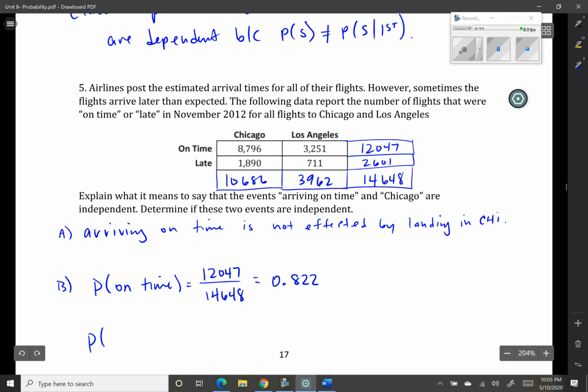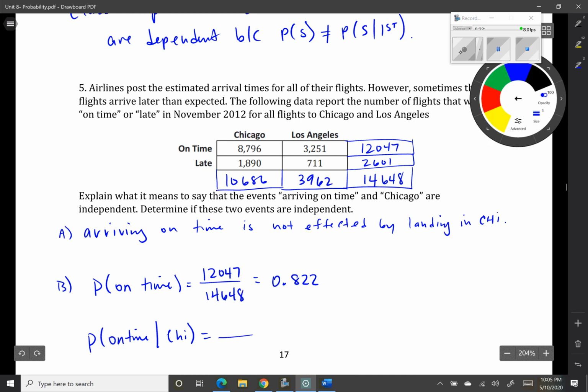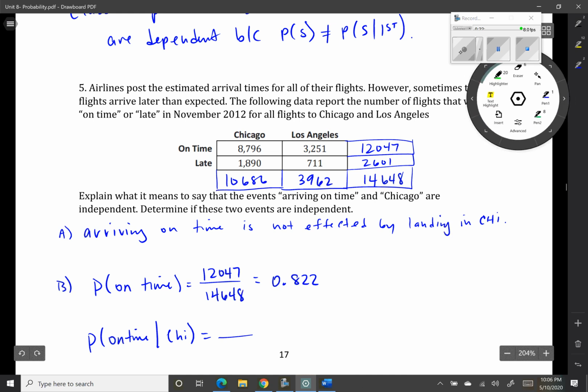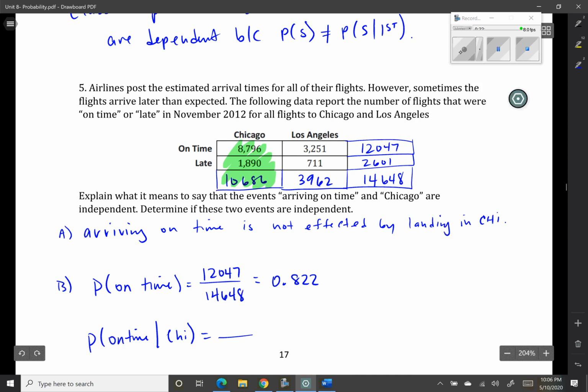Now, if we find the probability of being on time given landing in Chicago, well, that's a whole other probability. Now we're only looking at the flights that land in Chicago. So since we're only looking at the flights that land in Chicago, we're looking at this section of my chart. So there are 10,686 flights that land in Chicago.